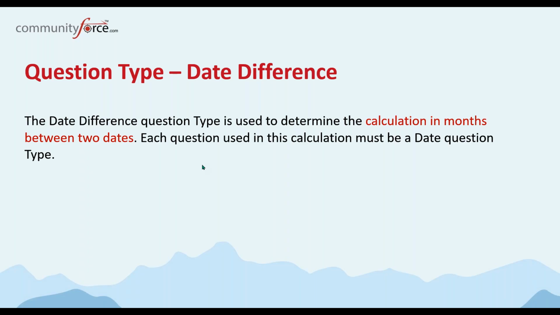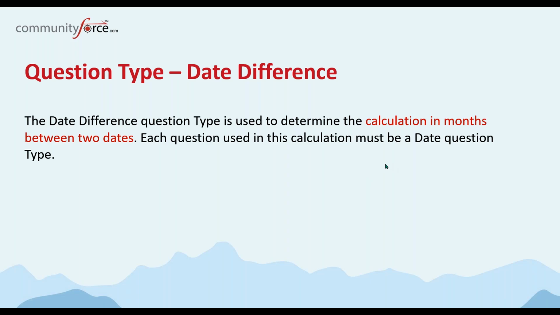You're going to have a date question type 1 and a date question type 2 in my scenario. So I create those 2 fields first for them to enter a start date, and then another one where they enter an end date field. Then I create a third question type called the date difference question. And what it does is I tell it the parameters. I say, look at date 1, look at date 2, and compare those 2 dates.